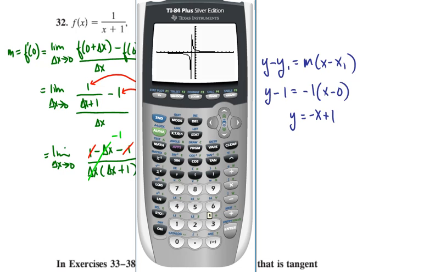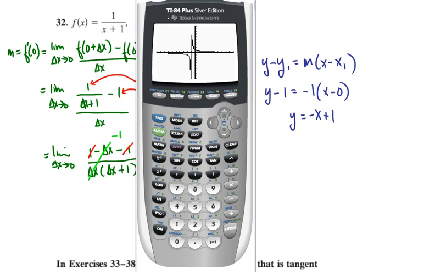Now the line that's right in here should actually not be there. It's a vertical asymptote at that point, but the calculator has trouble showing that. And we want to find the tangent line right in here when x is equal to 0, y is equal to 1.